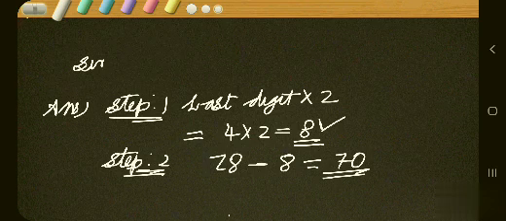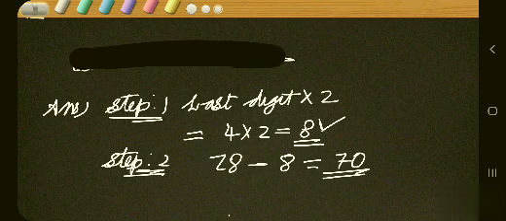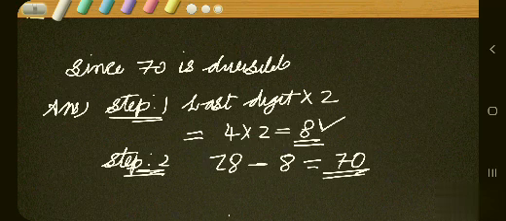Since 70 is divisible by 7, which is our given number?